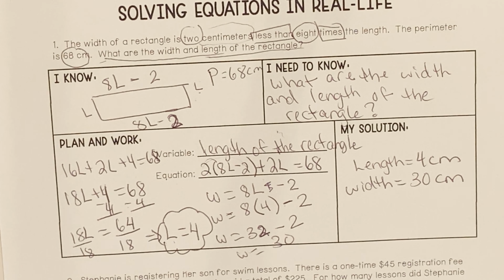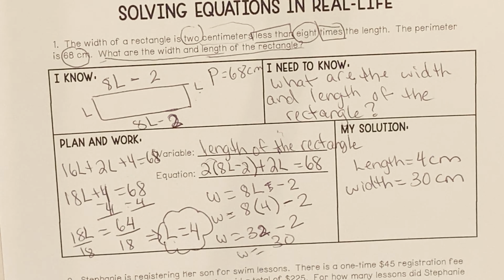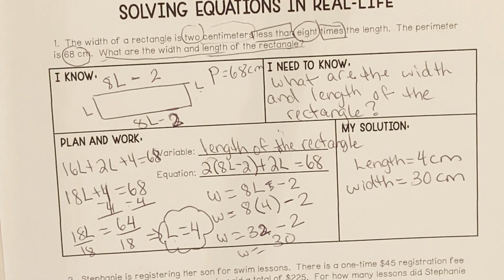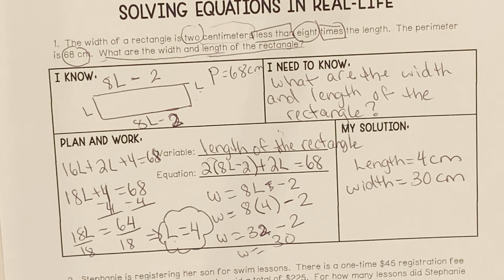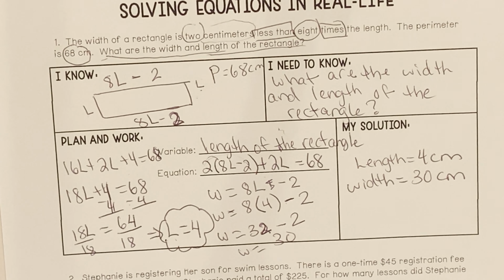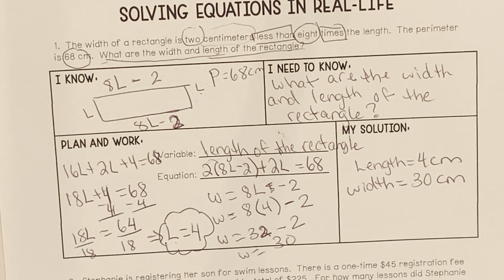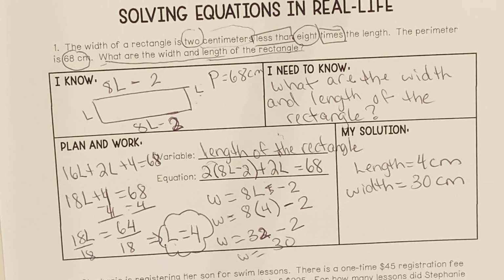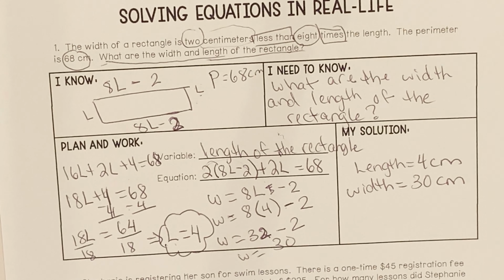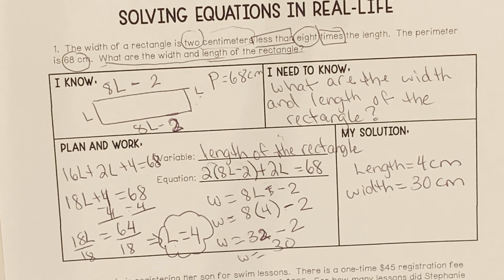So this is going to include everything that we've done up to this point. It includes determining what your variable is. It includes using your CUBES tool to dissect the word problem. It includes a multi-step situation where we have to distribute first.